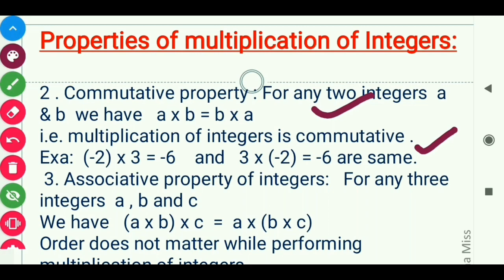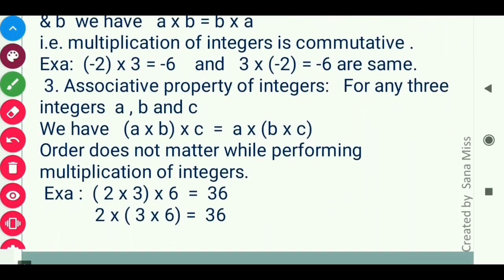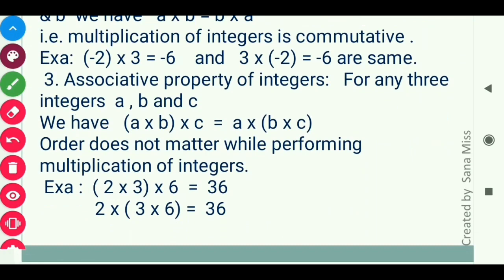Now moving to one more property, that is associative property of integers. For any three integers, say a, b and c, we again have their multiplication. The order of grouping the integers will not give you a false result.